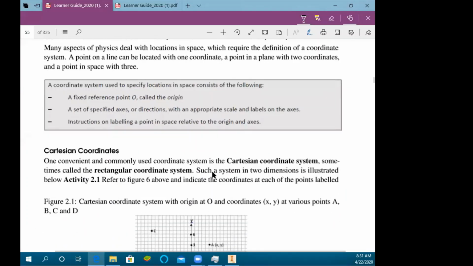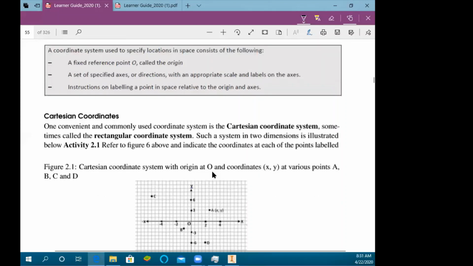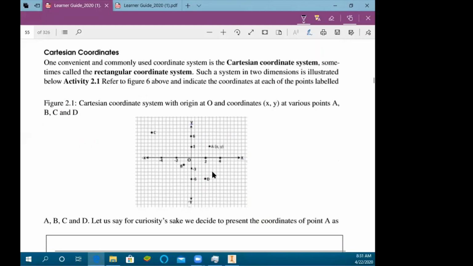Moving on to Cartesian and polar coordinates. Right. You're familiar with what Cartesian coordinates are, right? Let's just recap that. Cartesian coordinates are some kind of a system that helps us to locate things in space, right? Yes, sir.